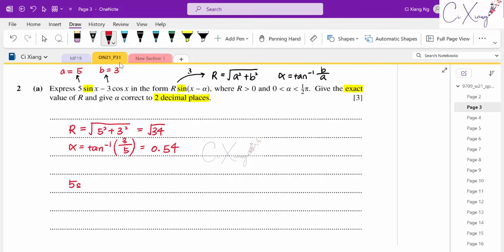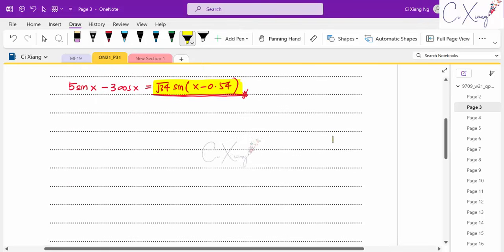Therefore, we rewrite again: 5 sine x minus 3 cos x can be written as square root 34 sine (x minus alpha). Our alpha should be in 2 decimal places. Alright, so this is how we answer part a for question number 2.